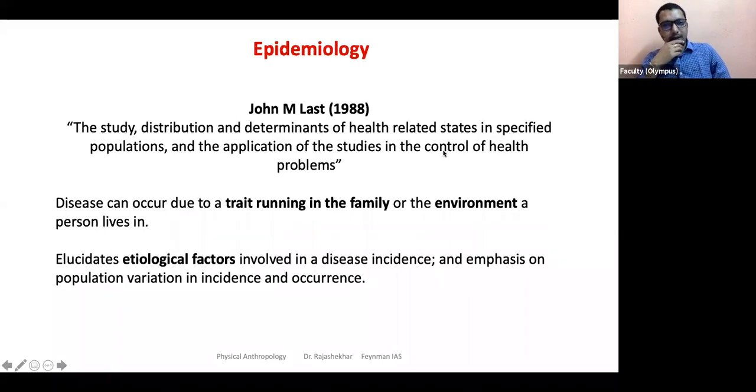Starting with a definition of epidemiology given by John Last in 1988: epidemiology deals with the study, distribution, and determinants of health-related states.